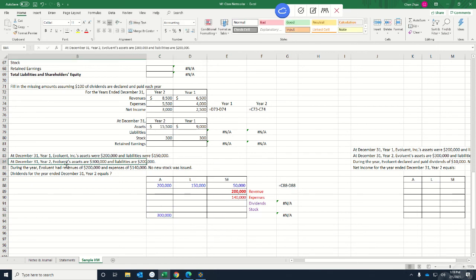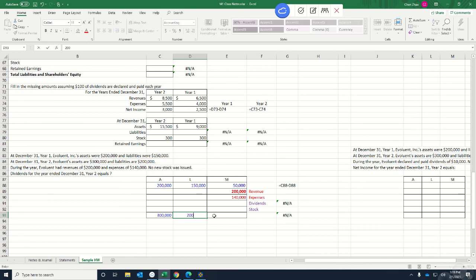It says year two assets 300,000. And what is the new year's liability? 200,000. And what is the new year's SE? Assets minus liabilities, right? And then stock has a zero change. And what is the change in dividends here? So this is the question. What is dividend?